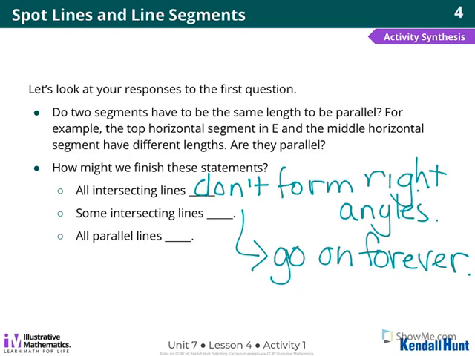I don't know. So the intersecting line has to be the cross and the some intersecting. This is also intersecting. So the all intersecting lines would probably be the cross. All intersecting lines intersect, right? Cross. What could we say, Aaron?